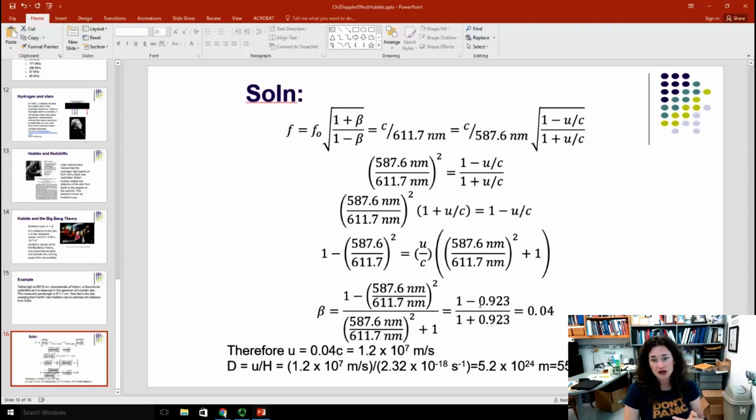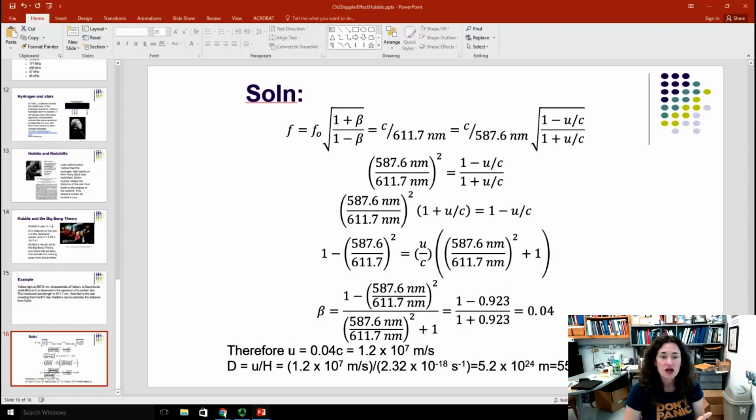So I end up with 1 minus 0.923 divided by 1 plus 0.923. And that ratio gives me 0.04, which means that the star is receding from us at 4% of the speed of light. Now, u is equal to 0.04c, which is 1.2 times 10 to the 7th meters per second, just to check your multiplication skills there.